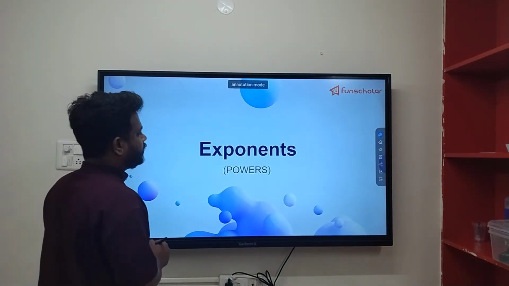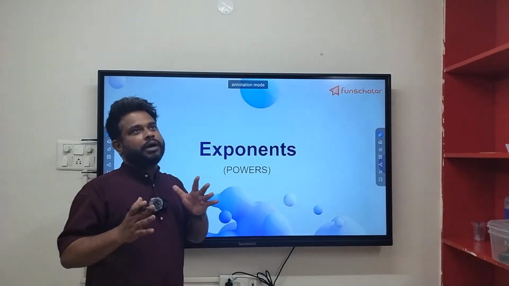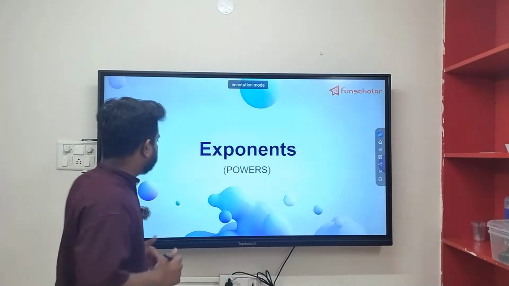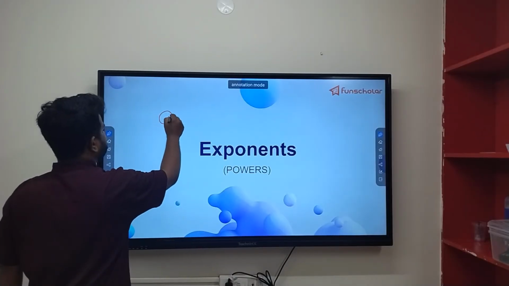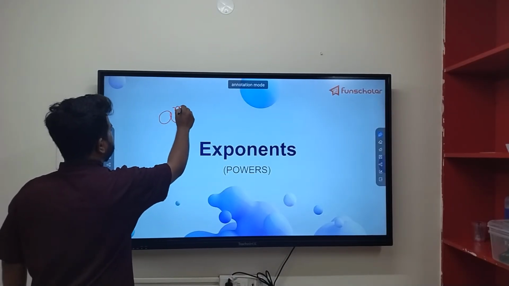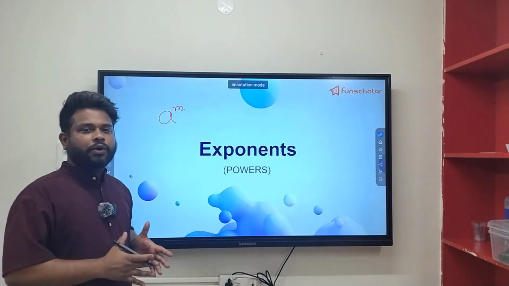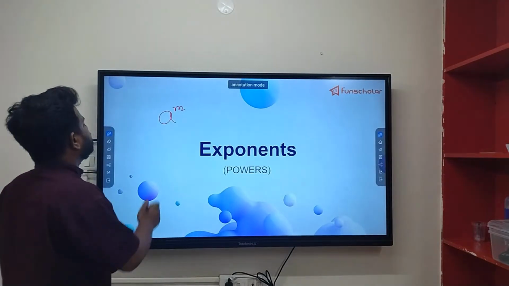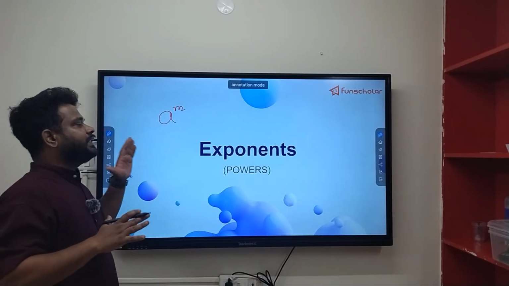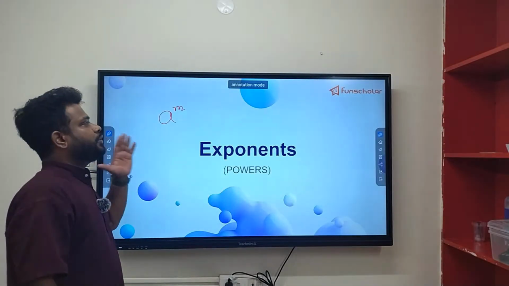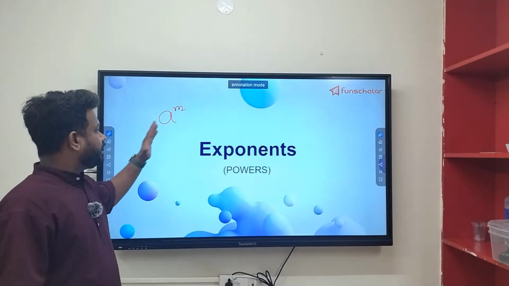So this is exponents. To study exponents, we have to know about the base and power. Basically, an exponent is something which we write in the head position of any number or any variable. I hope you have all seen numbers or letters or variables written like this.